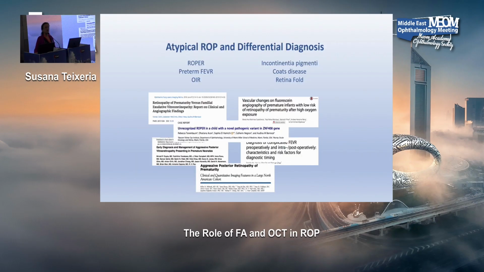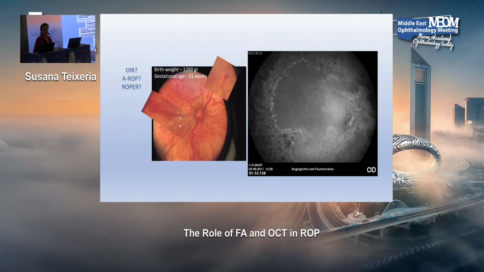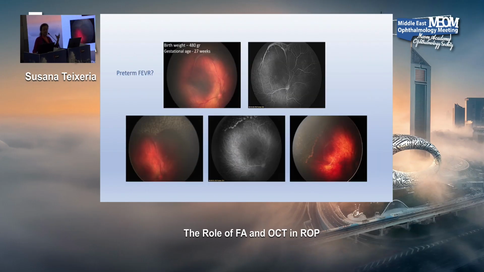Now, angiography also helps you in making the decision or understanding the different diagnoses from ROP. We have a lot of atypical ROP nowadays, what you call ropers, like this baby that has some kind of aggressive ROP or oxygen-induced ROP, and it helps you in the differential diagnosis if you do fluorescein angiography.